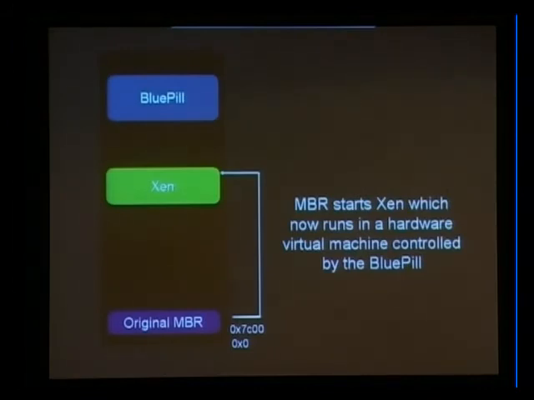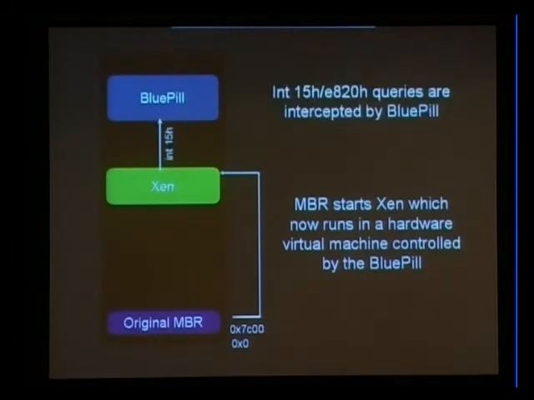So when Xen starts, it has to query the memory layout map. Since Bluepill does not virtualize any memory, it has to intercept this query of the memory map. And this memory map is obtained by calling interrupt 15 in BIOS. And it has to modify the map so that not Xen, not any other operating system loader will overwrite the contents of this Bluepill memory.